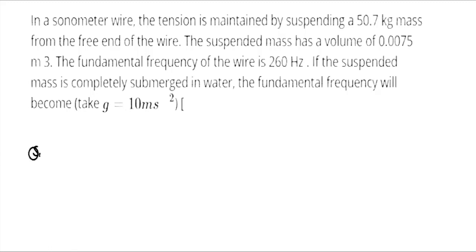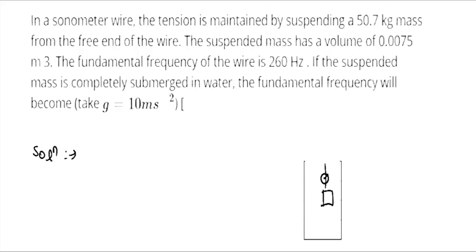So the solution of this question is, firstly we can draw the diagram for it to understand it better. This is our wire, so the air is something like this.